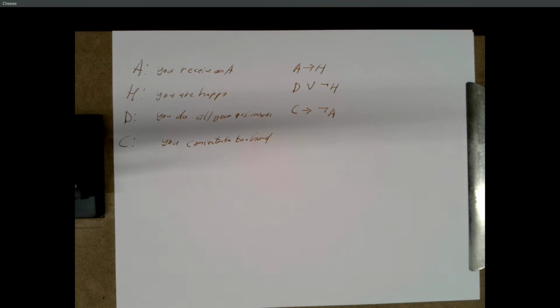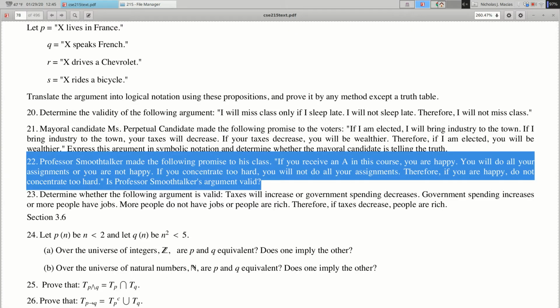So C implies not D. And then the conclusion says, if you are happy, which is H, then you do not concentrate too hard. H implies not C.